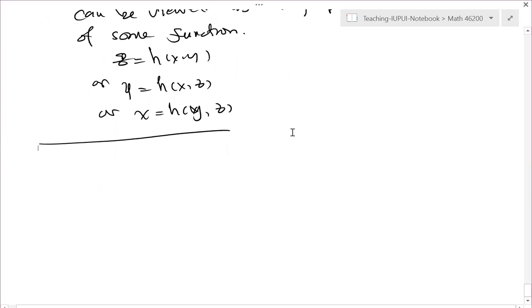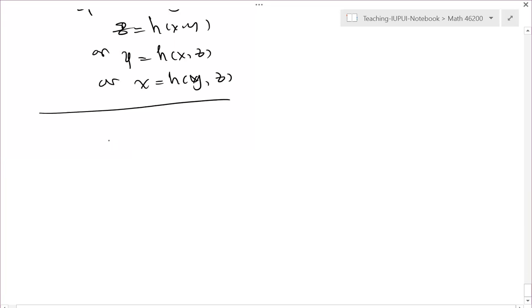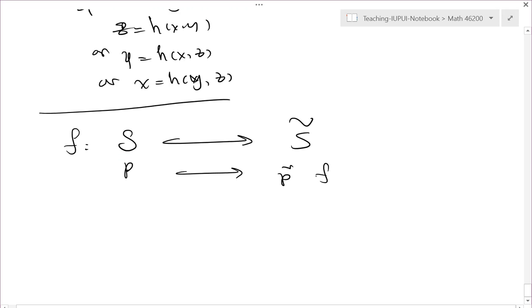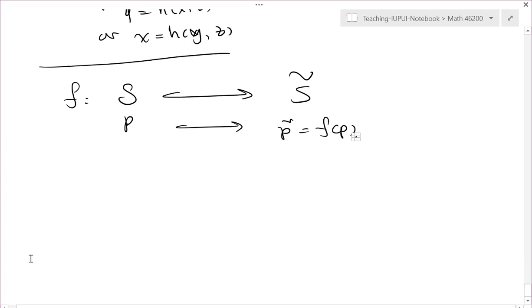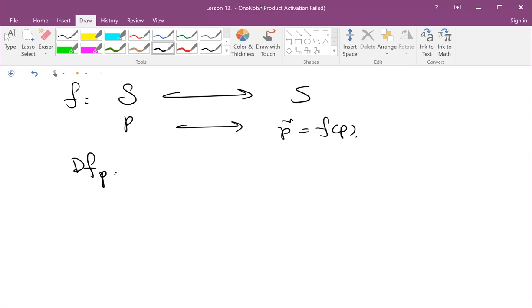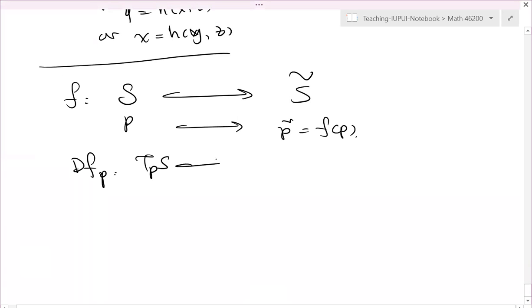Another theorem I want to briefly mention is as follows. If you have a map f from a surface to another surface, and here's a point p sent to f(p), then you have an induced linear map from the tangent plane to the tangent plane.